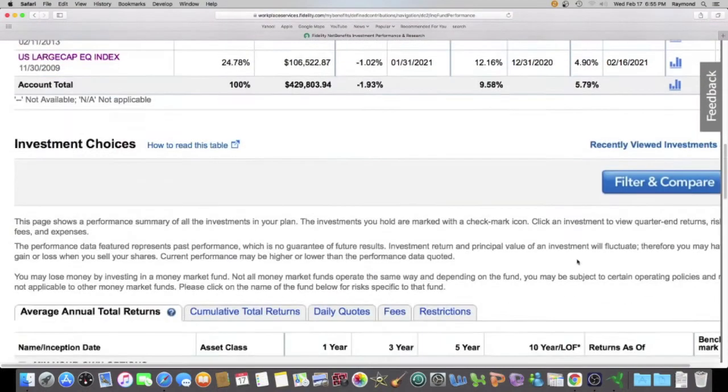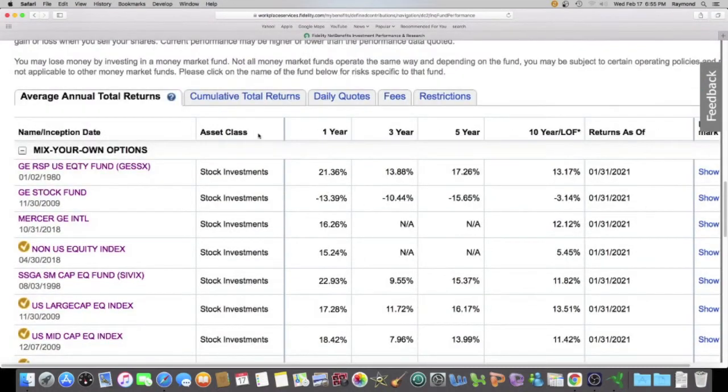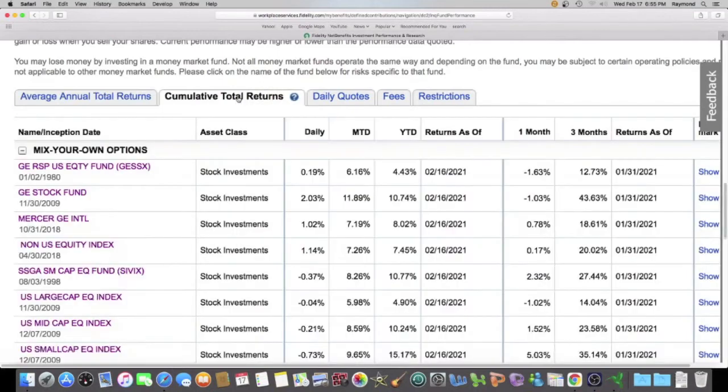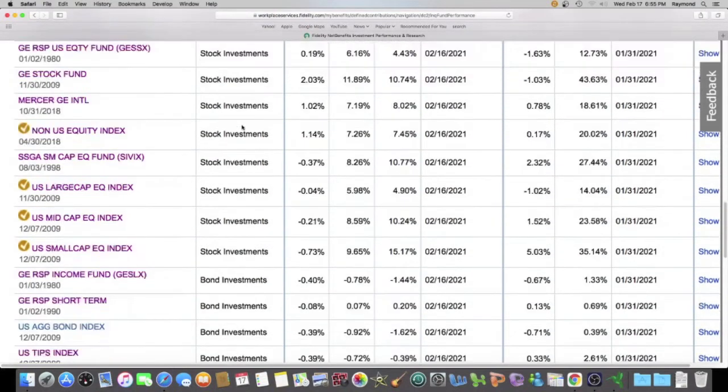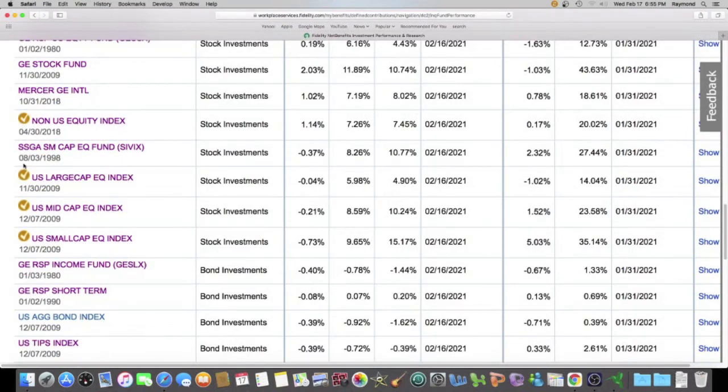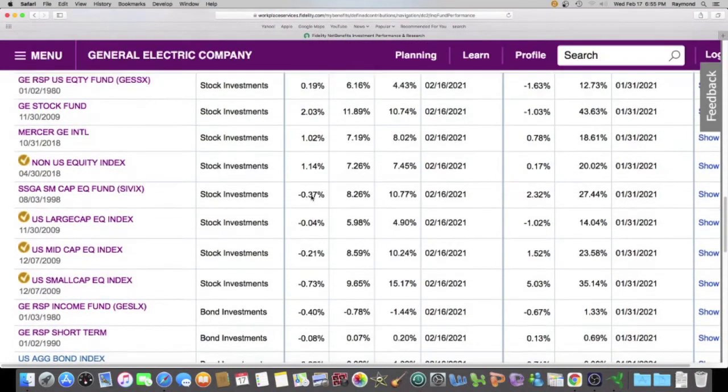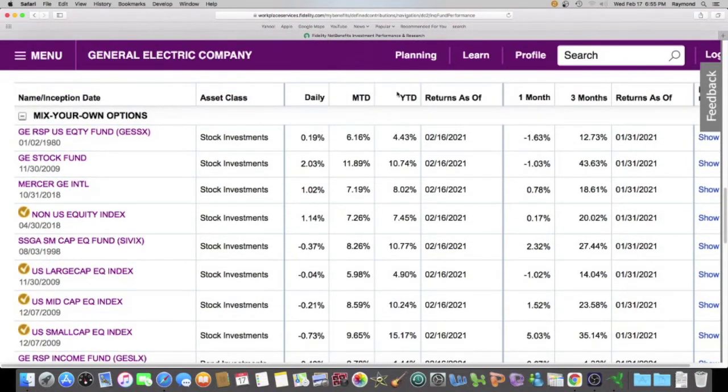And if we scroll down, this is all the funds in the GE 401k. So again, we want to click on this tab. We want to do apples to apples. And this check mark indicates the 4 funds that you saw above that I'm in. Again, they're all stock funds. And again, we always like to look at this column here, YTD, year to date.